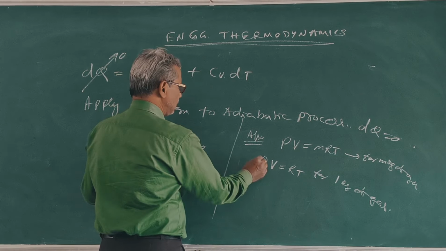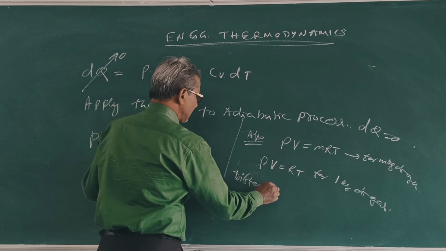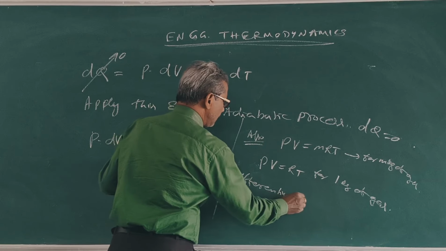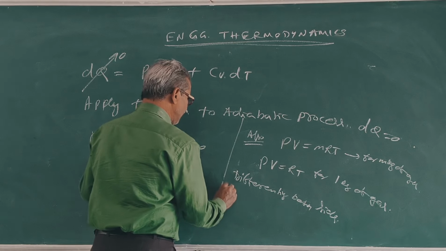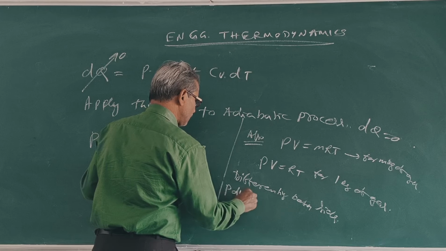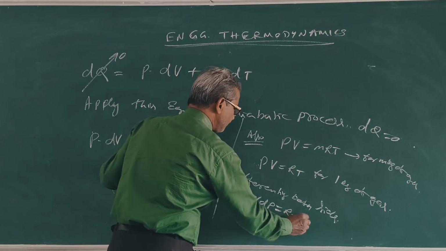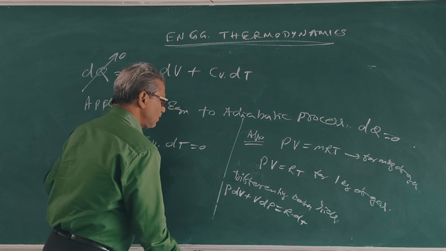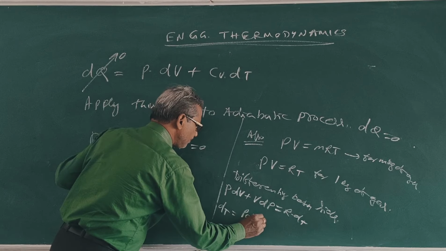Differentiating both sides, P dV plus V dP is equal to R dT. Clear? So dT is equal to (P dV plus V dP) by R.